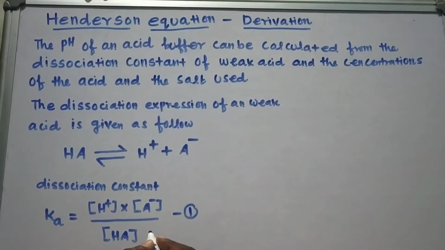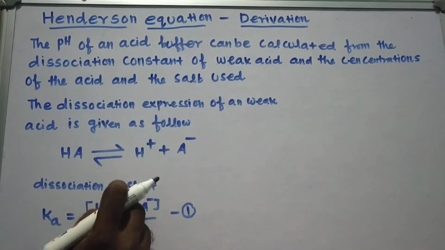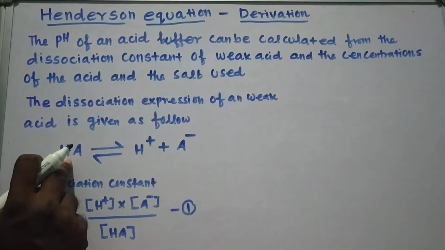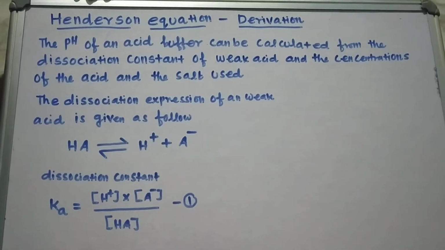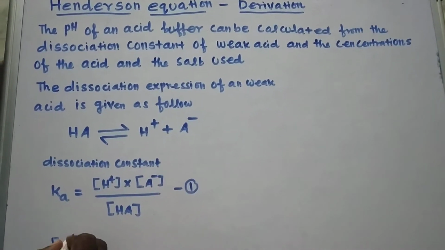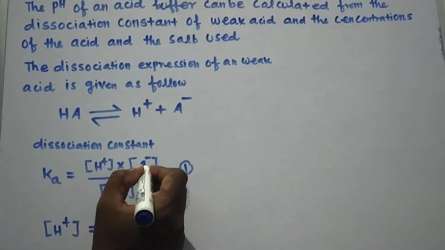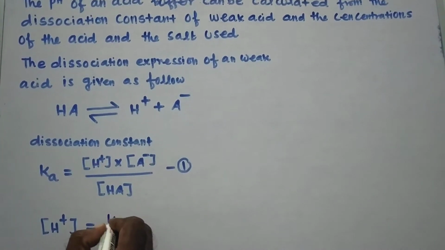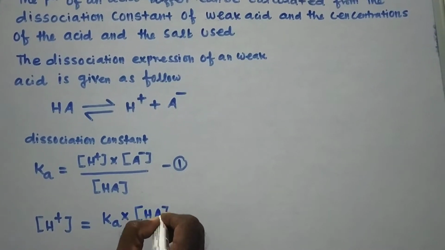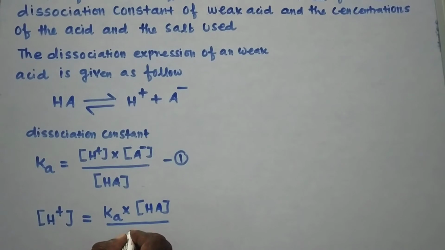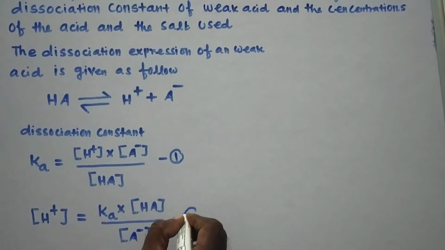In writing the equilibrium constant, always write the concentration of the product in the numerator and the concentration of the reactant in the denominator. Then now I am going to find out the value of H plus. H plus is equal to, this is going upward and this is going downward, therefore Ka into HA divided by the concentration of A minus.